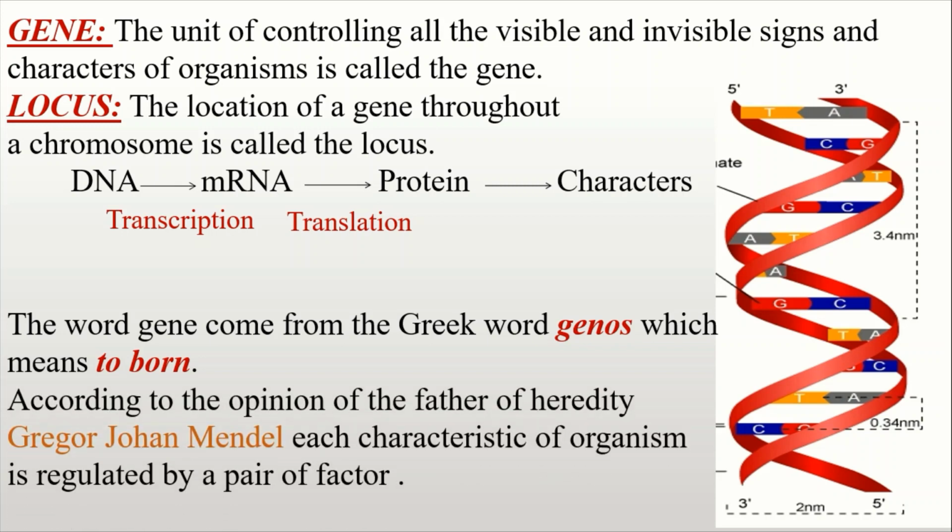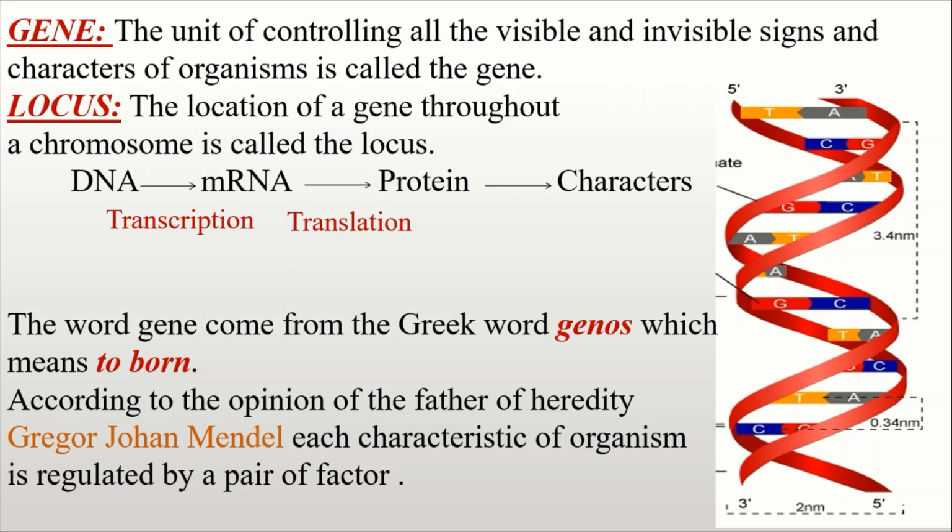Gregor Mendel in 1860 for the first time observed in his experiment with pea plants that hereditary characters are transmitted from the parents to the offspring by certain rules, which are controlled by some particles called factors.